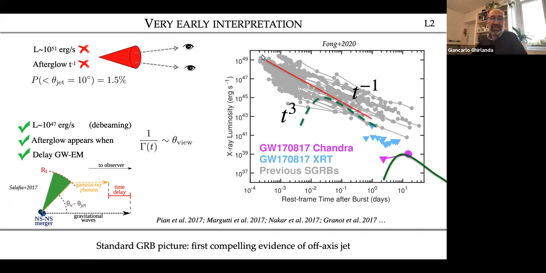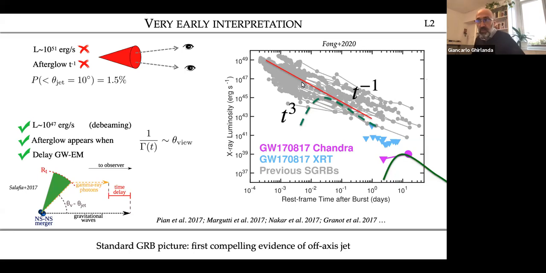And in this case, this is not observed because, as I said, up to a few tens of days, no afterglow emission for this event was found, even with upper limits in the X-rays which were quite deep. And if the afterglow was at the level of the typical short GRBs, it should have been detected at least at these epochs here, or even earlier.